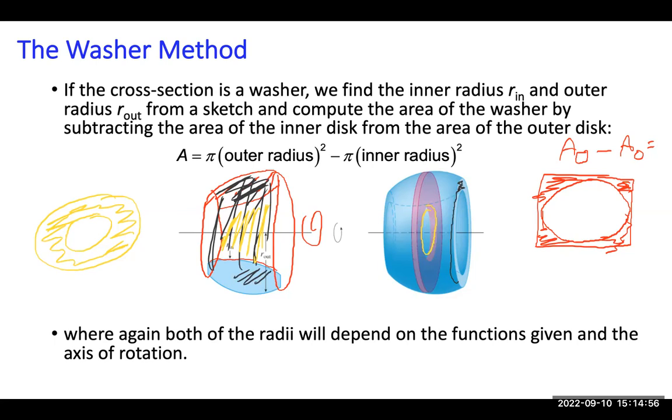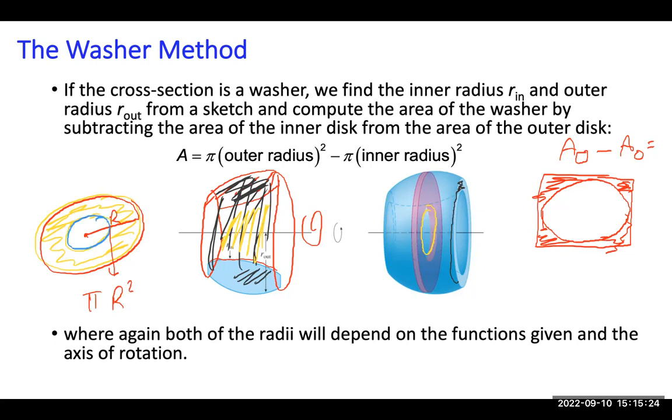So the washer method is basically saying, instead of finding the area of the entire region, we're going to find the area of the outer region. So we're going to find the area of this big circle over here. What's the area of the big circle? The area of the big circle is going to be pi times the radius squared, where R represents the big radius, capital R. And then we subtract from it the area of the smaller circle.